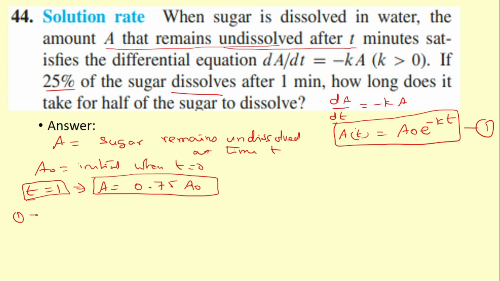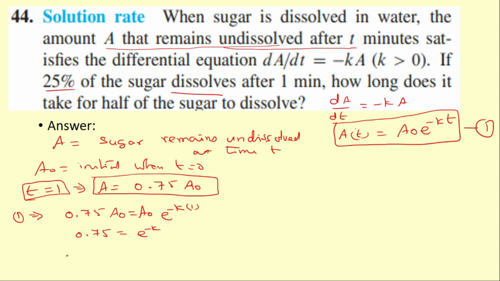So equation number 1 gives, on the left hand side, 0.75 A0, equal to A0 e raised to minus kt. The t value is 1 in this particular case. So A0 can be divided on both sides. On the left hand side is 0.75, which is equal to e raised to minus k.